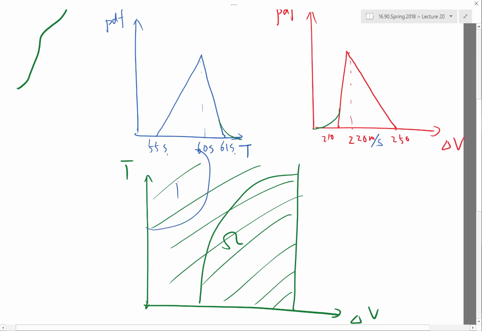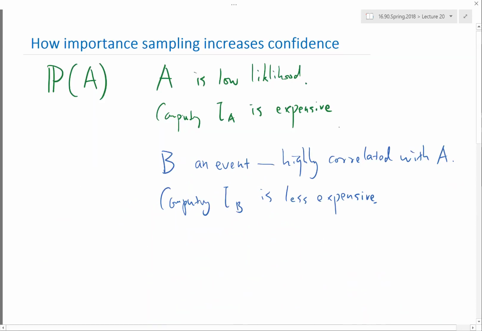If my delta t is greater than this value and my delta v is less than this value, I can say it's more likely to fail, and that's my event B, which is much easier to compute. It doesn't require me to perform any simulations, right?